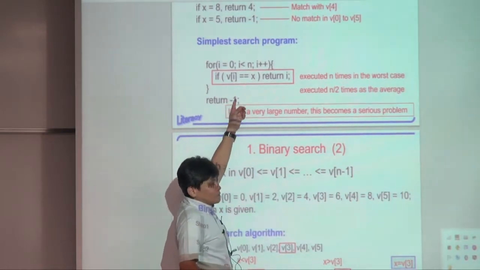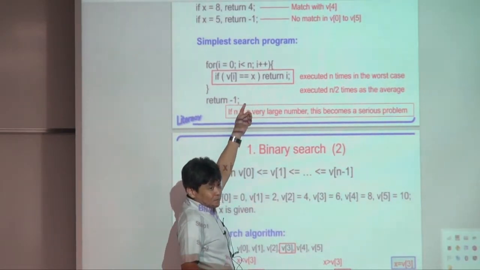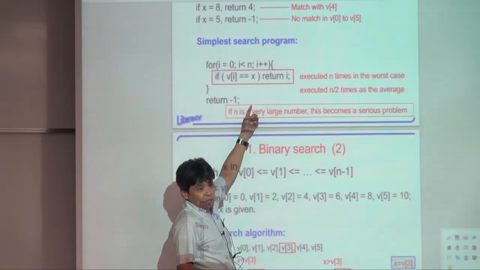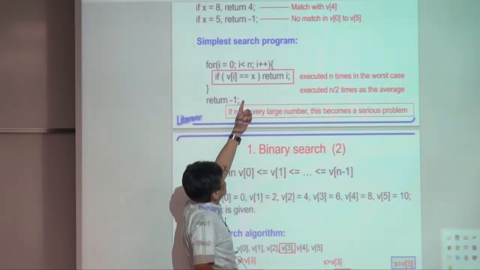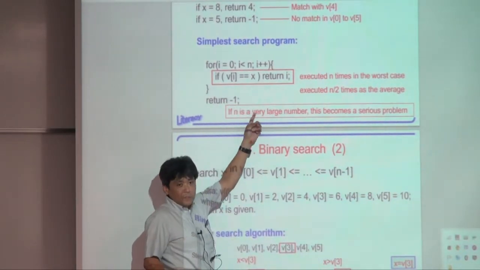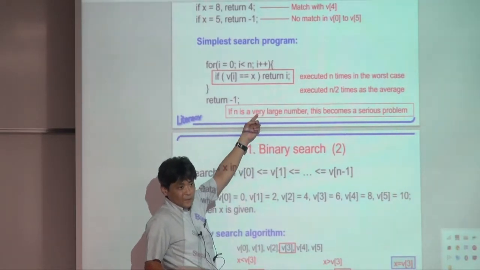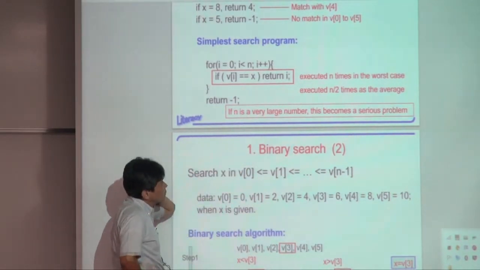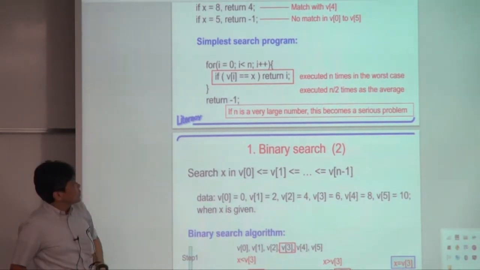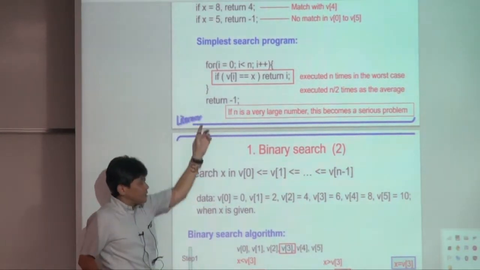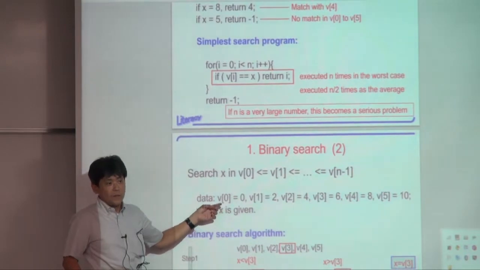Functionally, this is enough. However, the calculation cost is not good, especially when n is very large. In such cases, binary search is effective.